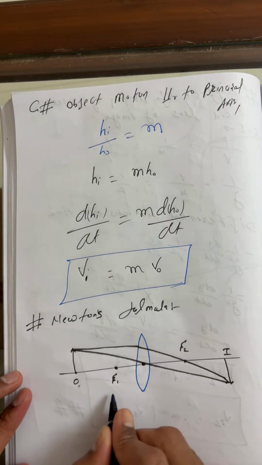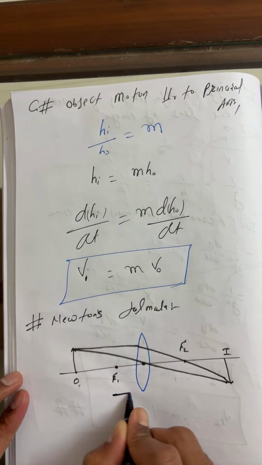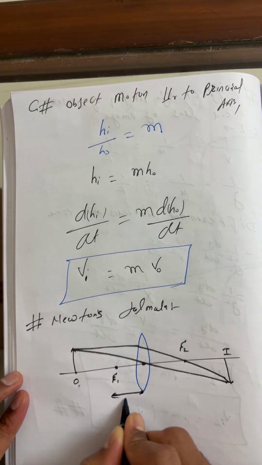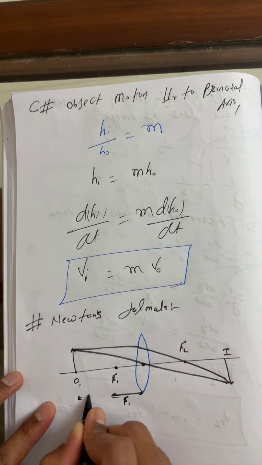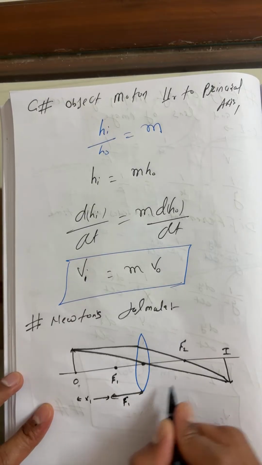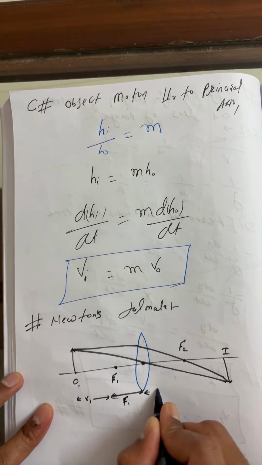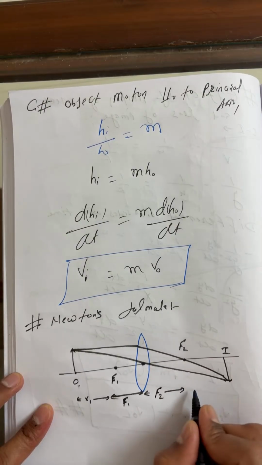So here students, I'm considering this as F1. You can also agree. And this I'm calling X1, right? Students, this distance from here, you also agree, this is F2.